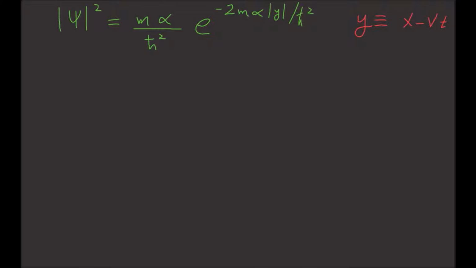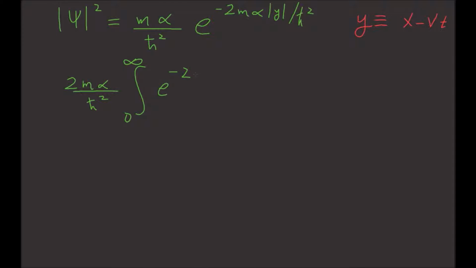Let's check normalization. So we have 2, this is a constant, times m alpha divided by h bar squared. Let's integrate from 0 to infinity of e to the minus 2m alpha y divided by h bar squared dy. Remember, the integral over all space of the probability density must equal 1.